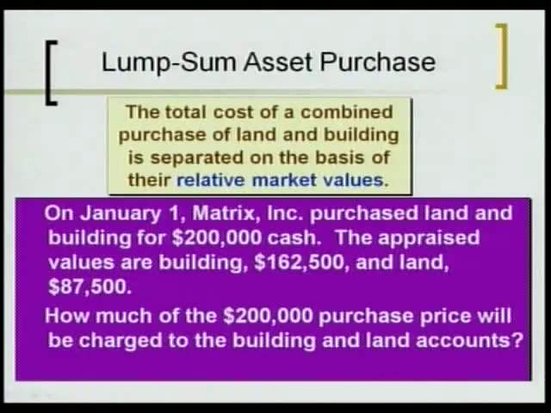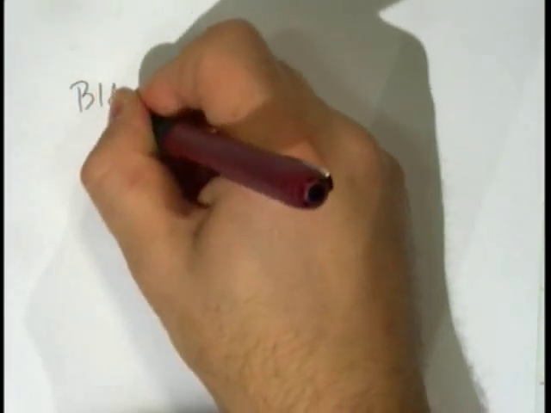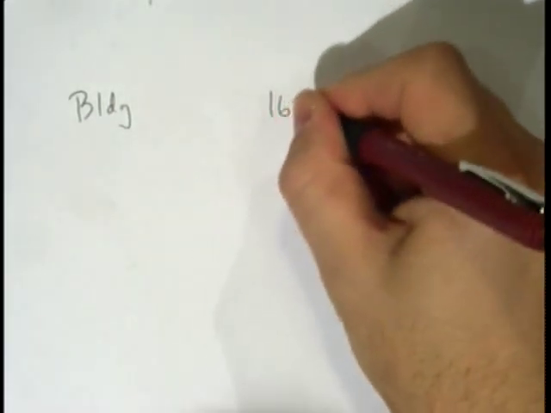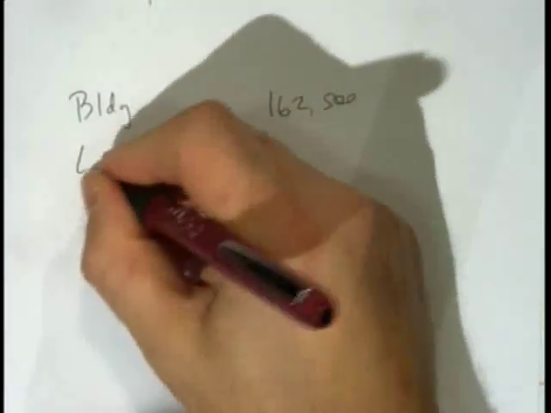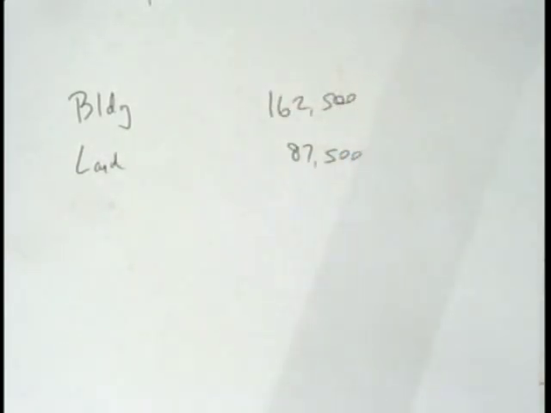Now we saw on here that the appraised values for the building was 162.5 and the land was 87.5, right? So somebody might say, well, you could debit building for 162.5 and land for 87.5. Was that the appraised value?